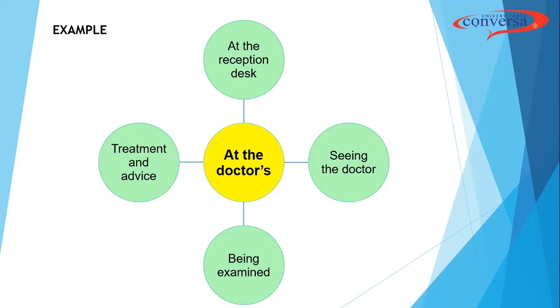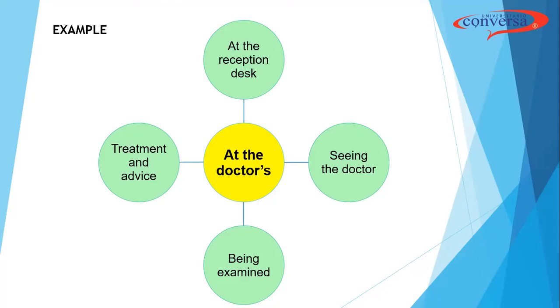Let's have this example. Let's imagine that you would like to make your students perform a role play at the doctor's. Well, it could be very general, and it is not really specific, and at the end, students don't do what you want them to do. That's why you have to think of the possibilities of mini situations and then focus on that mini situation to give the right instruction.